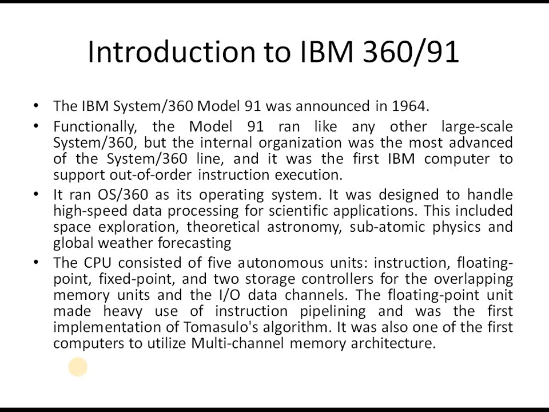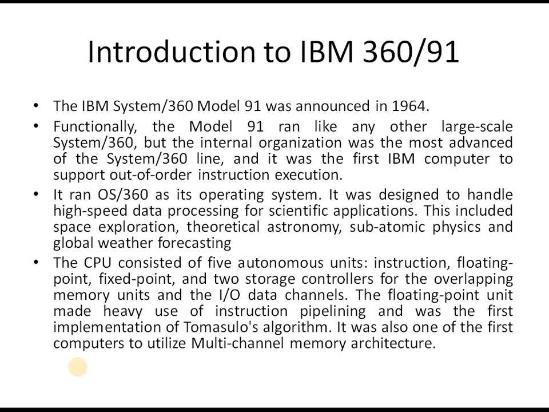It was designed to handle high-speed data processing for scientific applications. This included space exploration, theoretical astronomy, subatomic physics, and global weather forecasting. The CPU consisted of 5 autonomous units: instructions, floating point, fixed point, 2 storage controllers for the overlapping memory unit, and the I/O data channel.